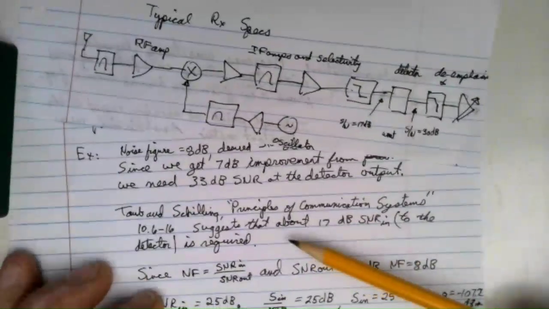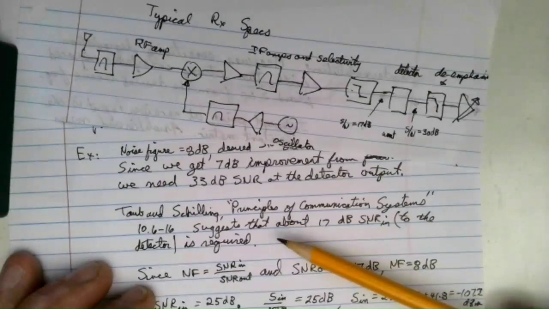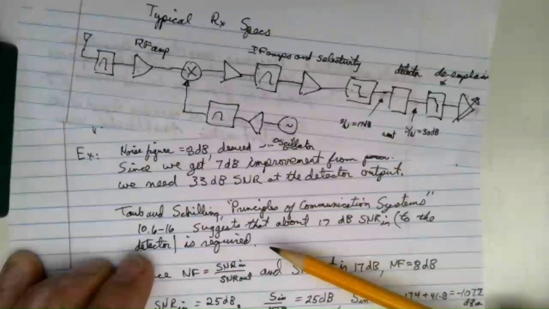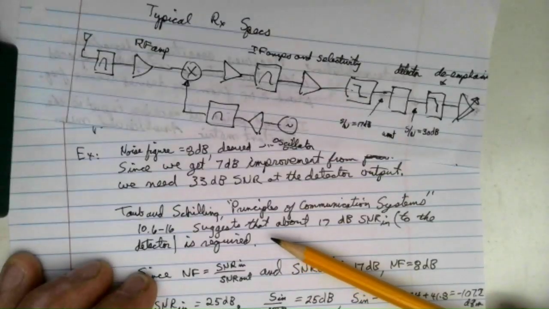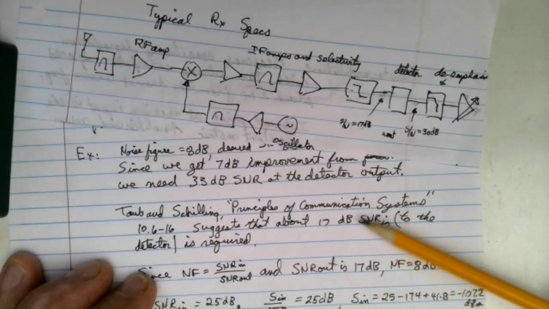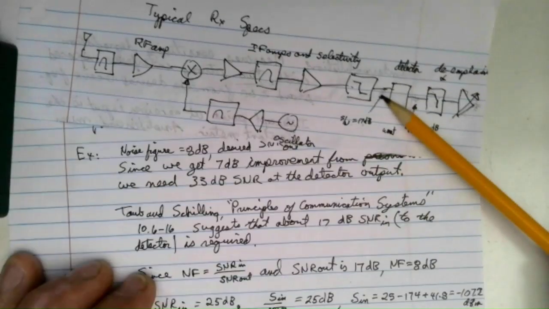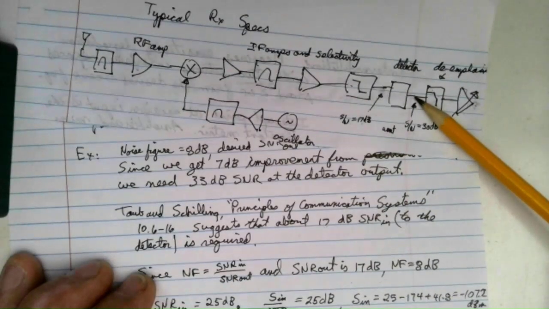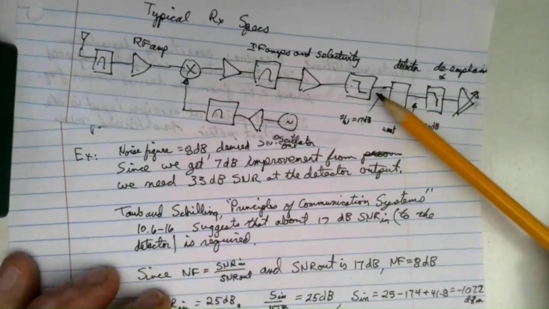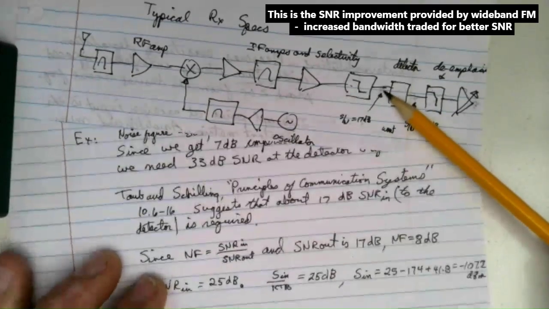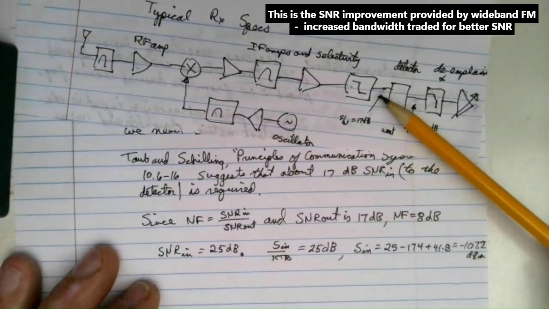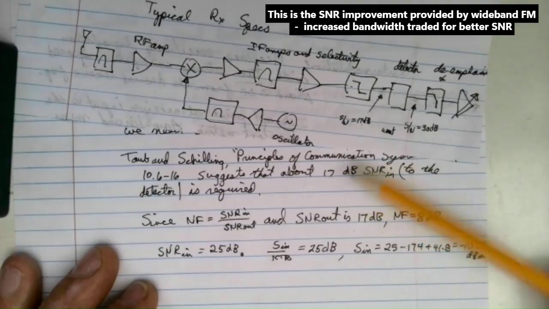So if you go to Taub and Schilling, Principles of Communication Systems, Chapter 10, Equation 6-16 suggests about 17 dB SNR here for 33 here. All right, 17 dB here. And so we need 17 here.